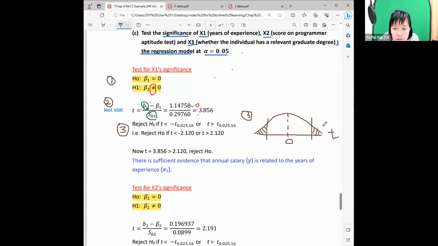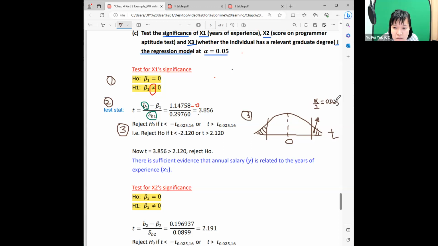Each side is alpha over 2. Remember, this time it is alpha over 2 because it is two-sided. One side is equal to alpha over 2. Now alpha is 0.05, so divided by 2 is 0.025.